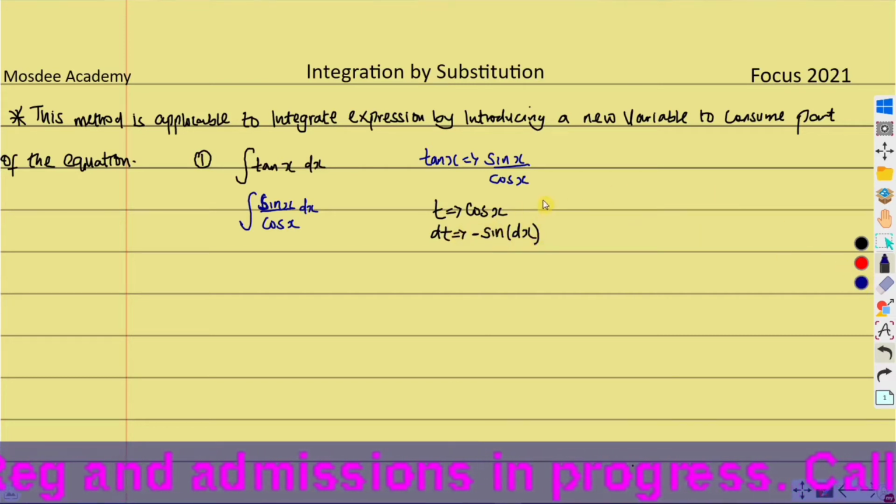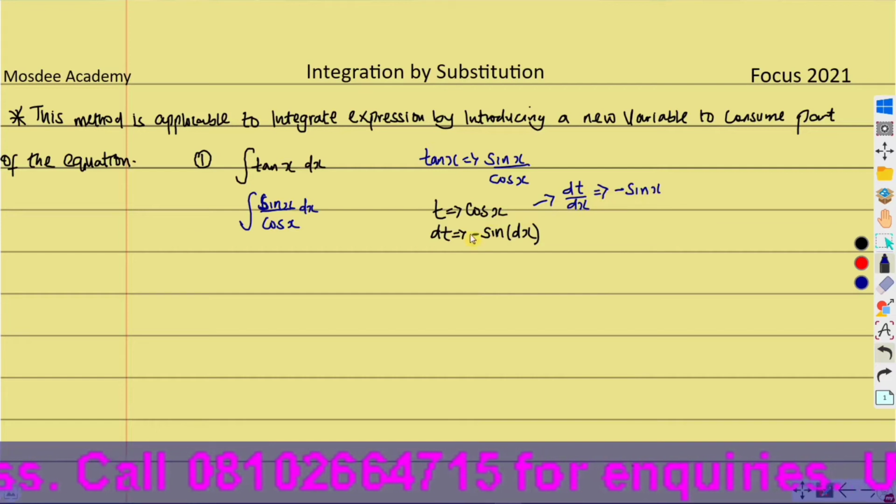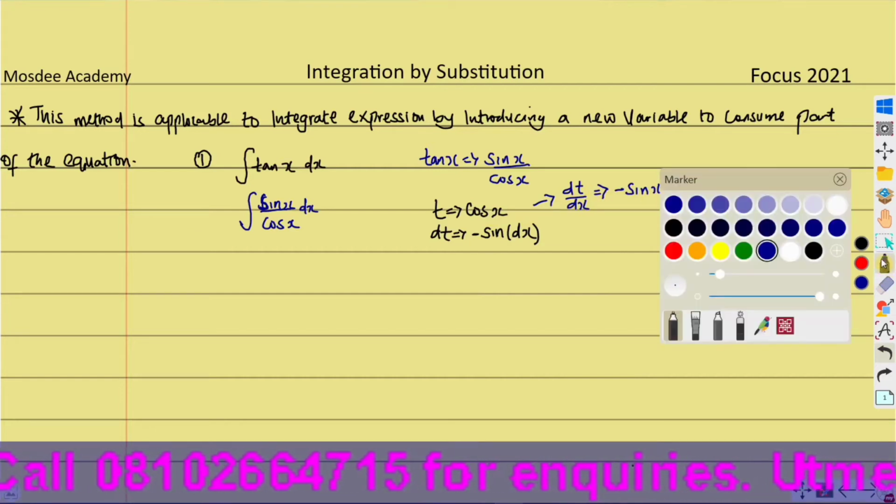I found dt/dx, the derivative of t with respect to x, from our trigonometric differentiation. Cos x gives you minus sin x. I have only done multiplication here to get this second expression.